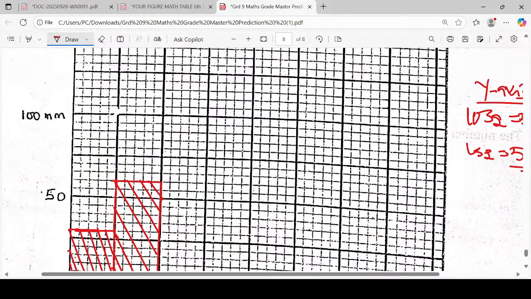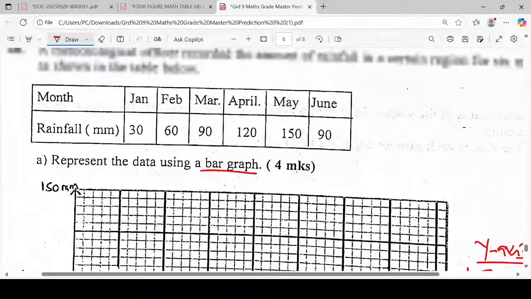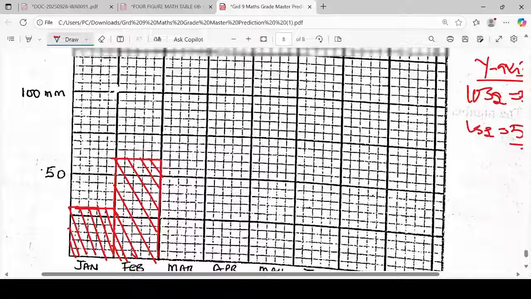Let's look at the case for March. March, we are being told it should be at 90. 90, when you divide by 5, you are going to get 18 small squares. So March will be at 18 small squares.